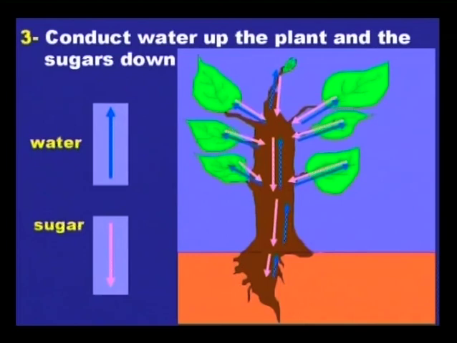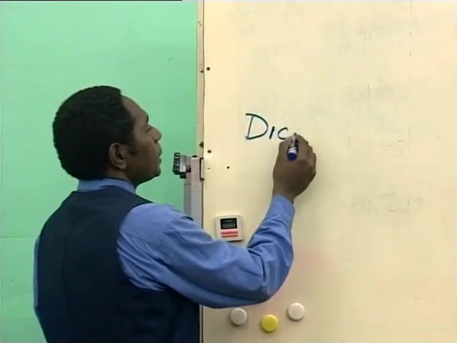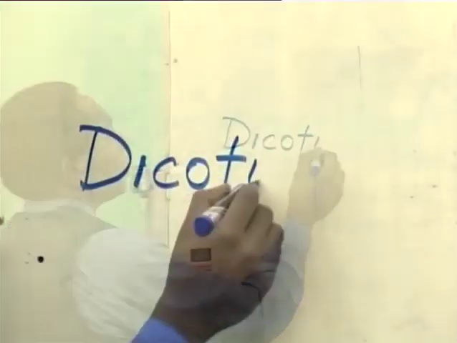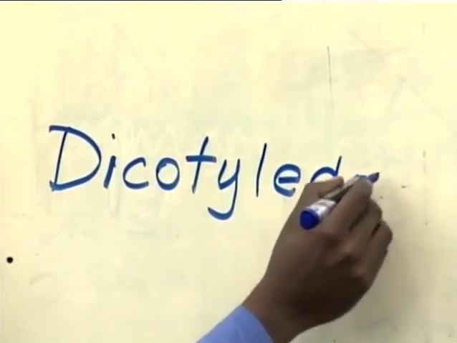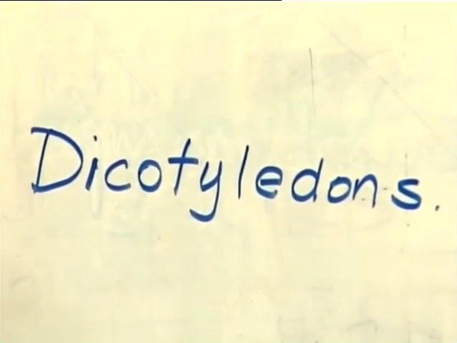Now the taproot also belongs to a group of flowering plants called the dicotyledons. Dicotyledons is spelled D-I-C-O-T-Y-L-E-D-O-N-S.